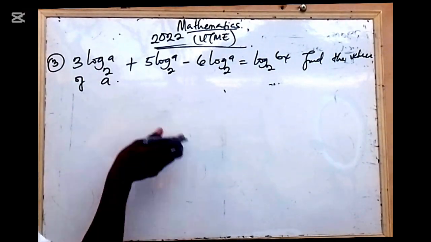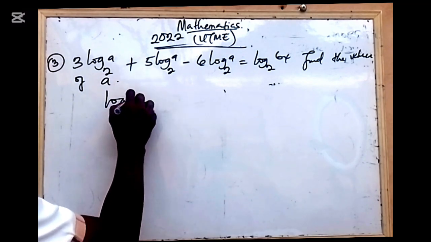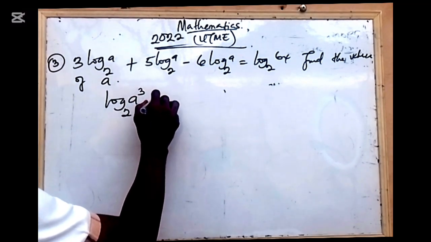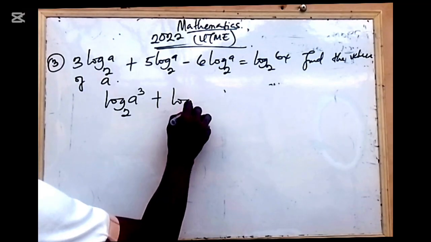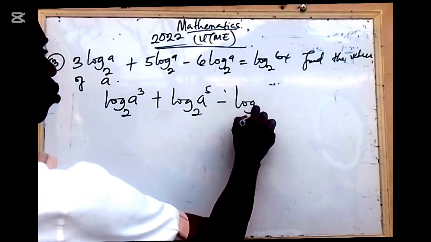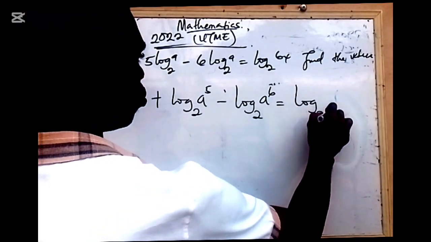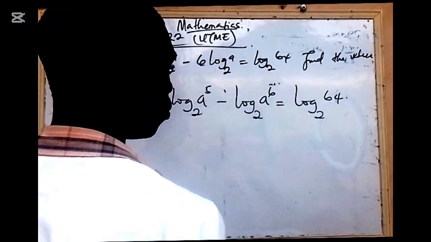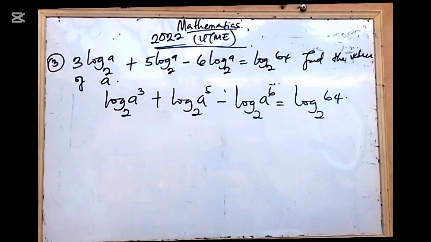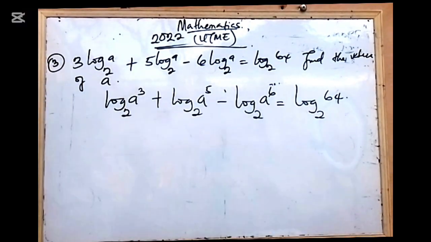So I'm going to bring it down to what? Log base 2 of a raised by 3, plus log base 2 of a raised by 5, minus log base 2 of a raised by 6, equals what? Log base 2 of 64. Are you following? Now, all the logarithms here have the same base, so I can pick one base.